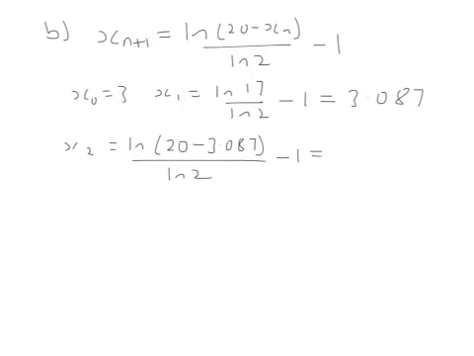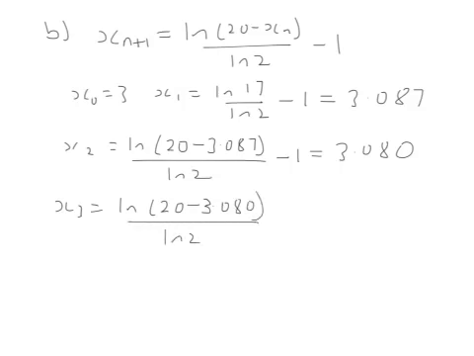That works out to be 3.080 for 3 decimal places. So x3 is ln of 20 minus, well I'm going to write 0.080, but use the answer function on your calculator. That's minus 1 to get 3.081, again to 3 decimal places. Let's just write 3 decimal places there, which covers everything.